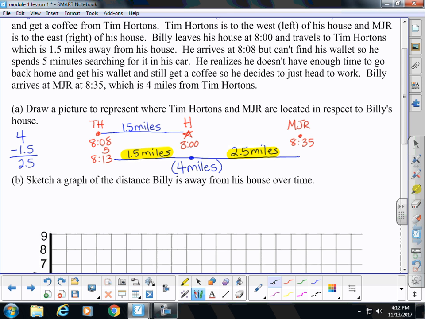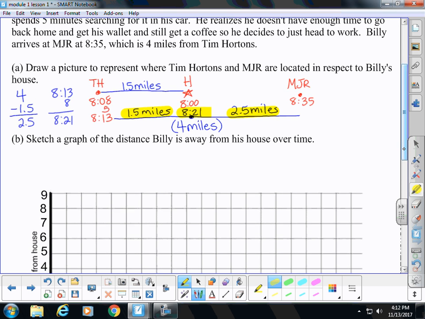So I'm going to take my 8:13 here and add another 8 minutes onto that to figure out what time he's going to pass his house. And that's going to be 8:21. So that's something else they didn't tell us that we had to figure out. It's going to be 8:21 at the time that he passes his house.